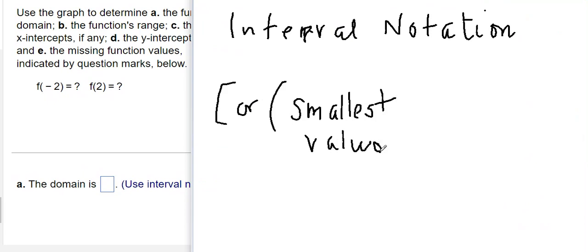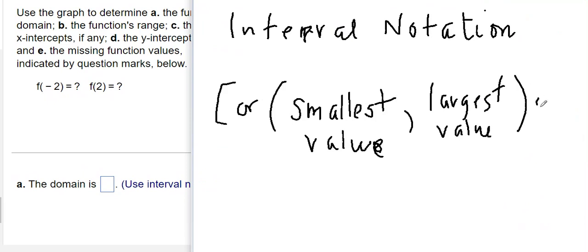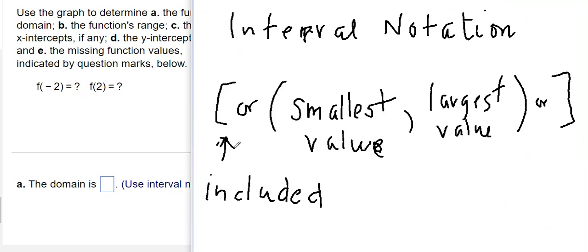Then there's a comma, the largest value, and then either a parenthesis or a bracket. Now, the bracket means included. That's what the bracket means. The parenthesis means the largest value or the smallest value, whichever end it's on, is not included.